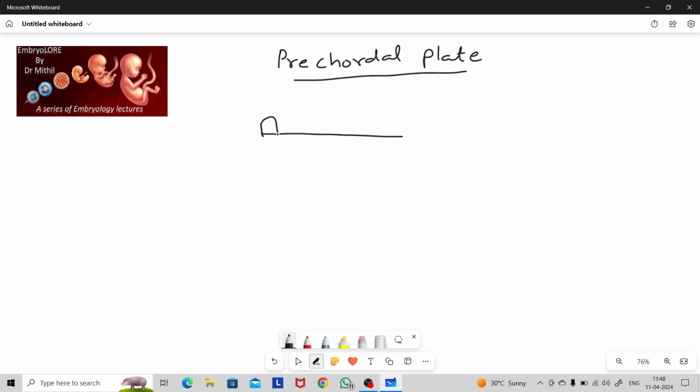First of all, that is the ectoderm. After this, below that is the endoderm.